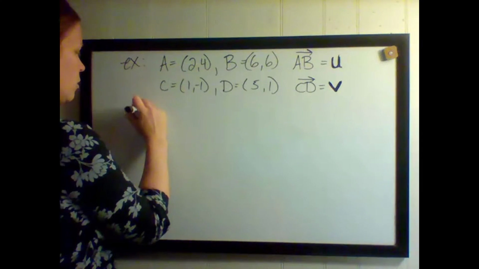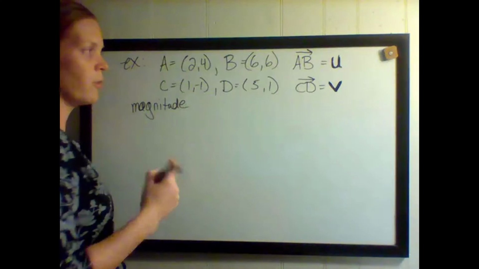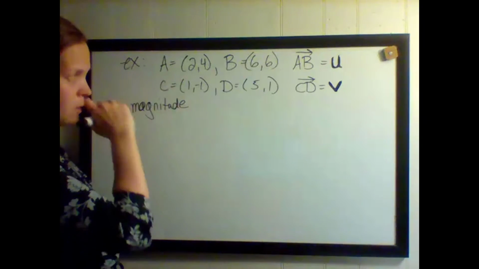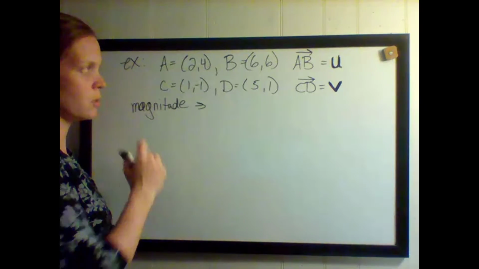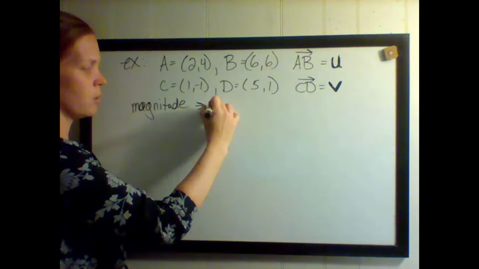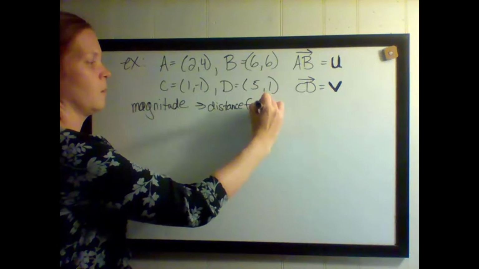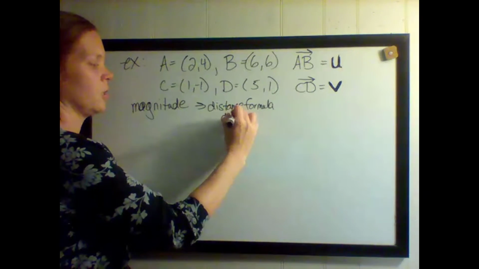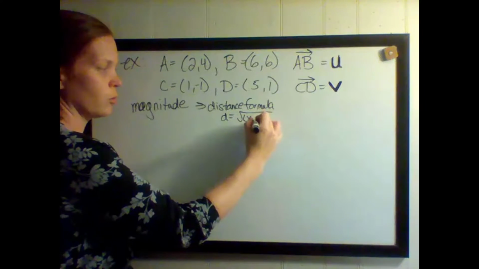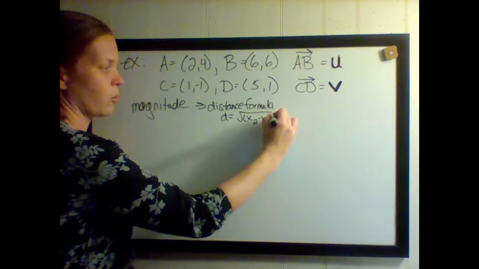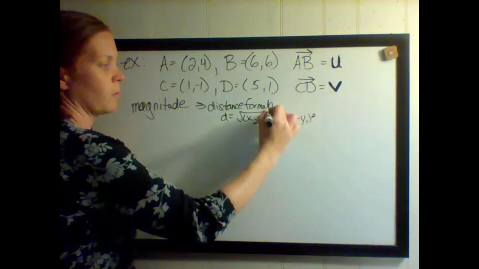Okay, so first let's find the magnitude to see if their magnitudes are the same. To find the length, or distance, between 2 points, we can use the distance formula, which is d equals the square root of (x sub 2 minus x sub 1) squared plus (y sub 2 minus y sub 1) squared.